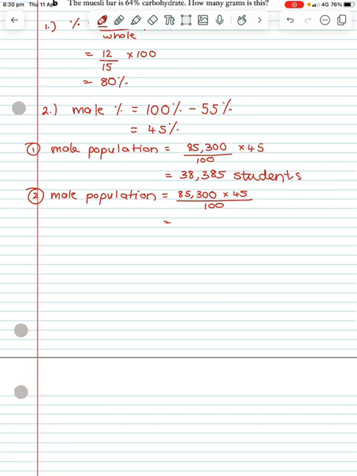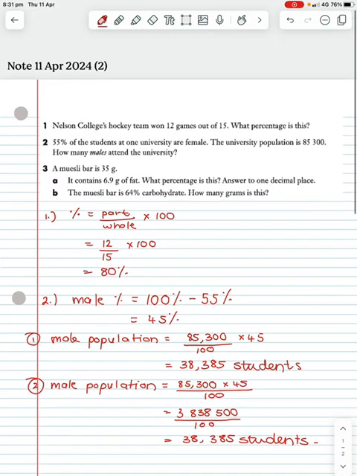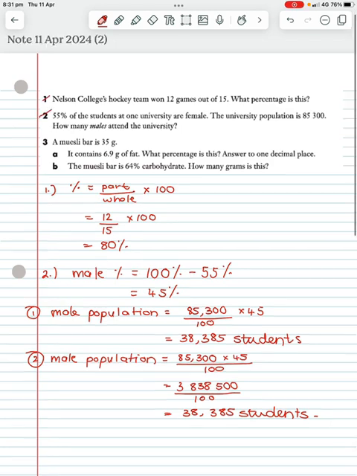That gives me 3,838,500, and then I divide that by 100, which gives me 38,385 students. So as long as you're dividing by 100 and then multiplying by the percentage you want, it doesn't matter if you do the multiplication or the division first. So 1 and 2 is done.